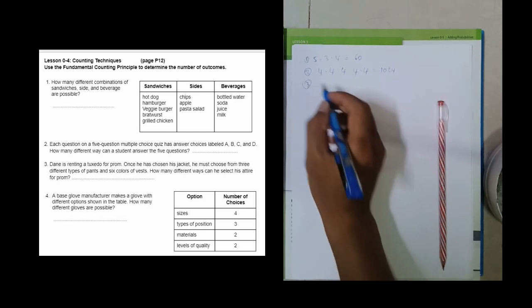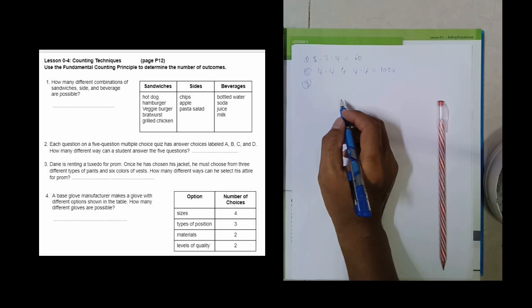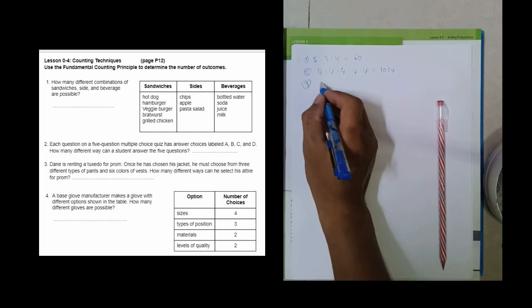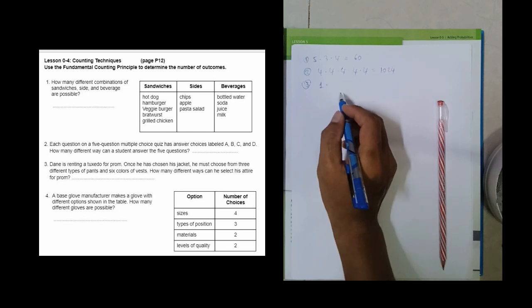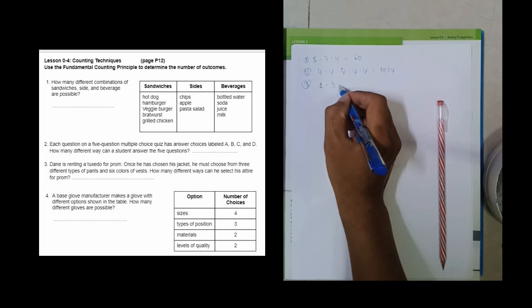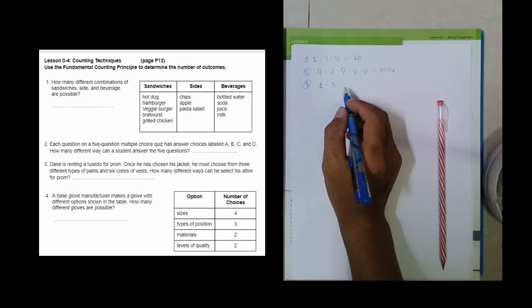Number 3, looking at the different ways that he can choose his tuxedo. He has already chosen his jacket, which is one option, and then after that he must choose from 3 different types of pants, so 1 times 3, and then 6 colors of vest, so times 6.